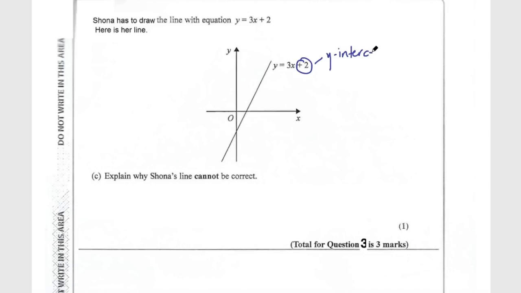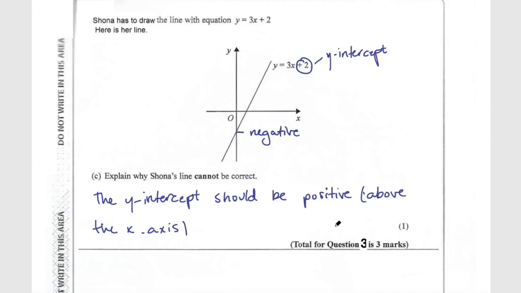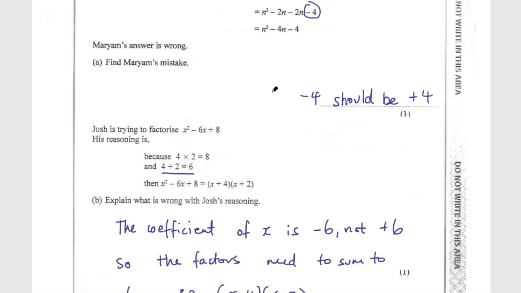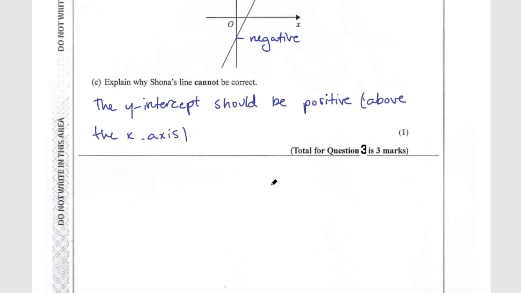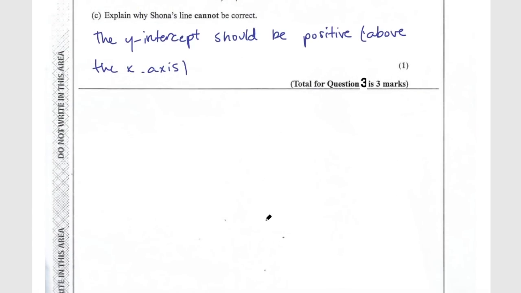Because it's plus 2, and this line is clearly cutting the y-axis below the x-axis, so that will be a negative y-intercept. So my reasoning here would be that the y-intercept should be positive above the x-axis, something like that. They were all just 1-mark questions, so you don't need too much detail in your answers there.